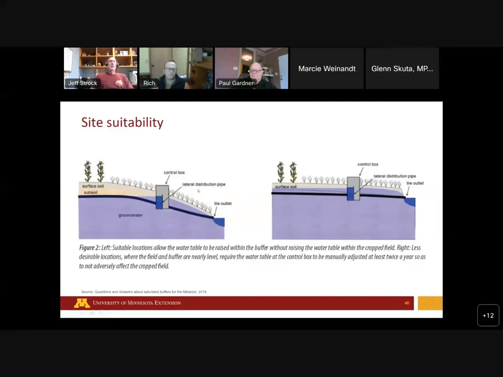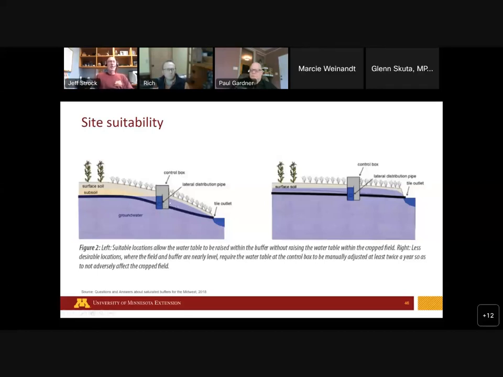Again, saturated buffers are going to have some water quality benefit and some benefits with ecosystem services, but topographically speaking, there are places that are going to be conducive to building these and places that are not conducive to building these. So hopefully you can tell really clearly that where we have a steeper gradient between a field and, say, for example, the elevation of the tile outlet, these tend to be sites where they're suitable for building these.